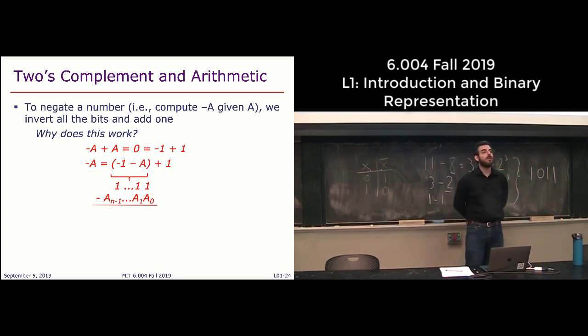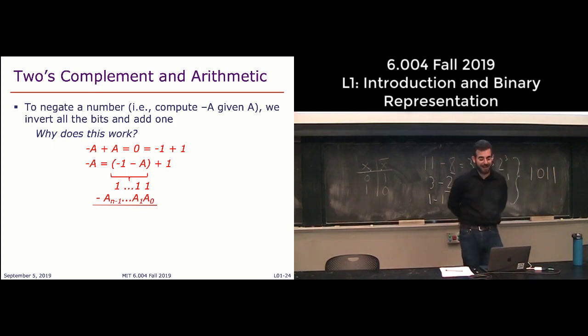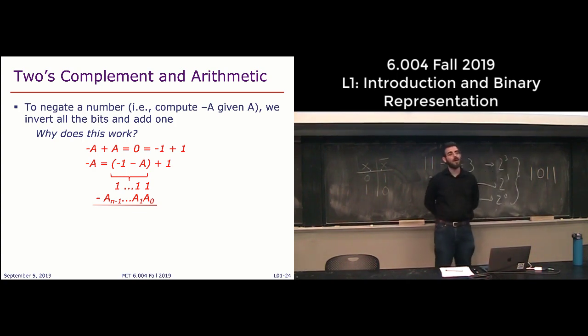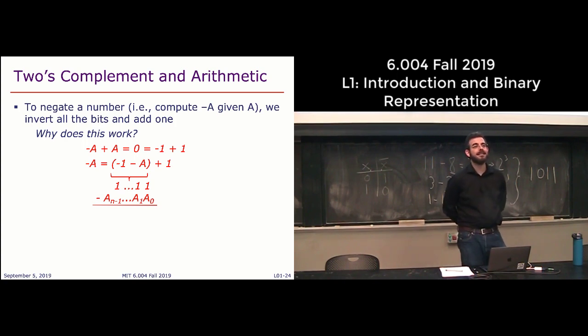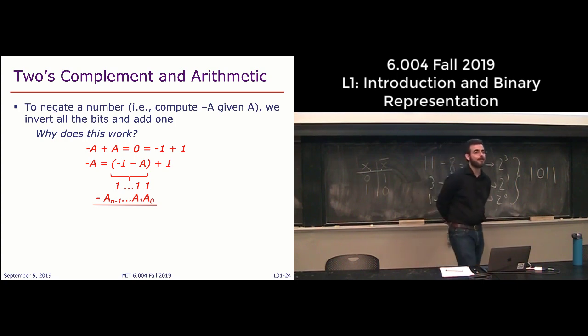If A0 was 0, 1 minus 0 is 1, and if A0 was 1, 1 minus 1 is 0. So 1 minus A0 is not A0. Is that clear?